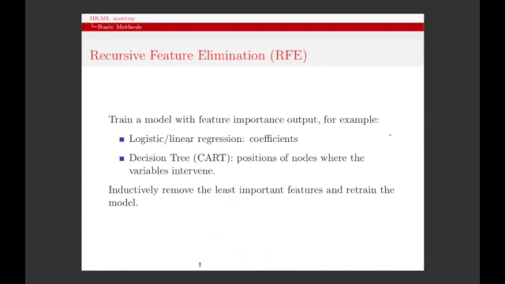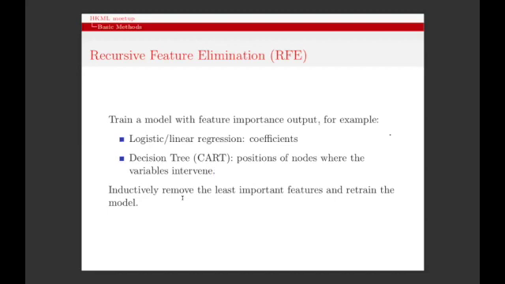A second basic method that can be used for feature selection is recursive feature elimination. The idea is to train a base model with a feature importance output, such as logistic regression, where the feature importance is given by the absolute value of the coefficients, or a decision tree, where the position of the nodes where the variables intervene gives us a proxy for the variable's importance.